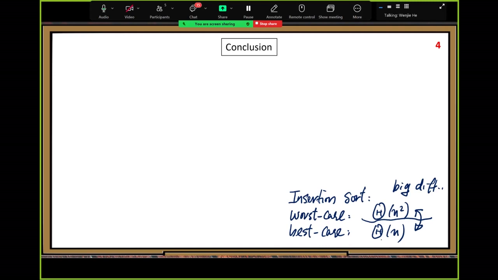But for the best case, this n performance is very fast. So the insertion sort has this property: its best case efficiency is very fast.